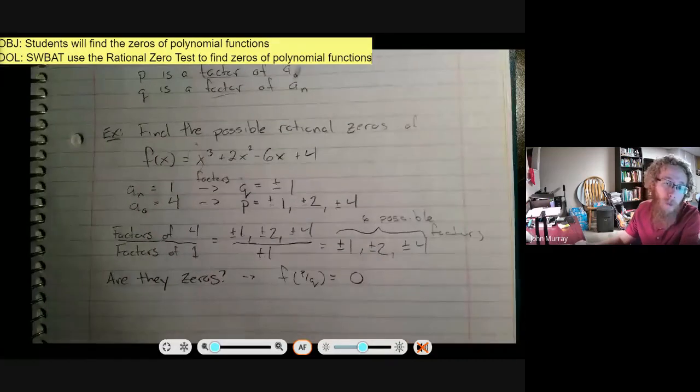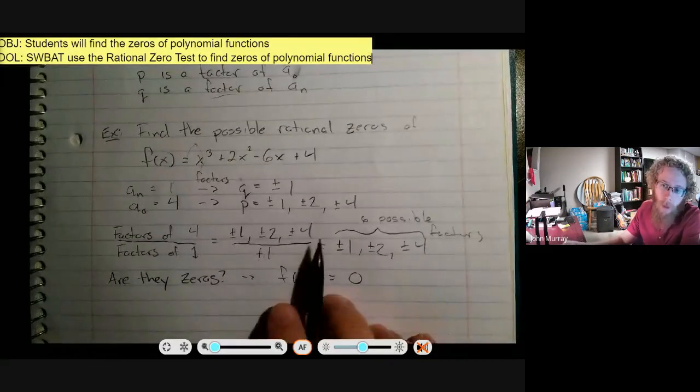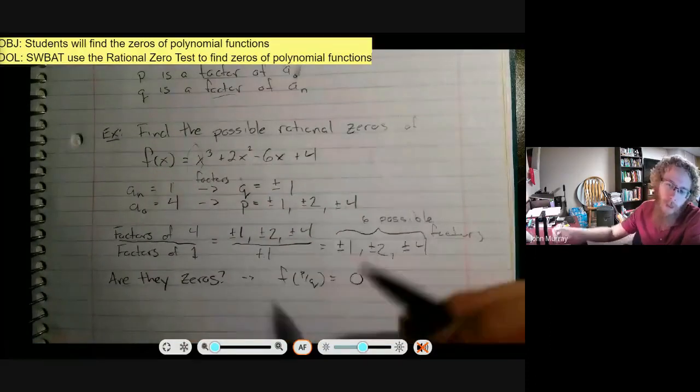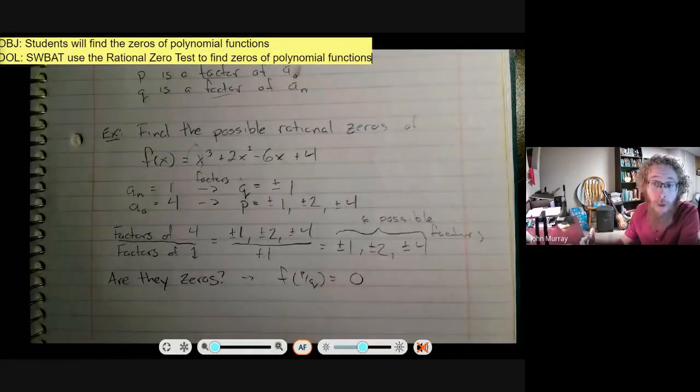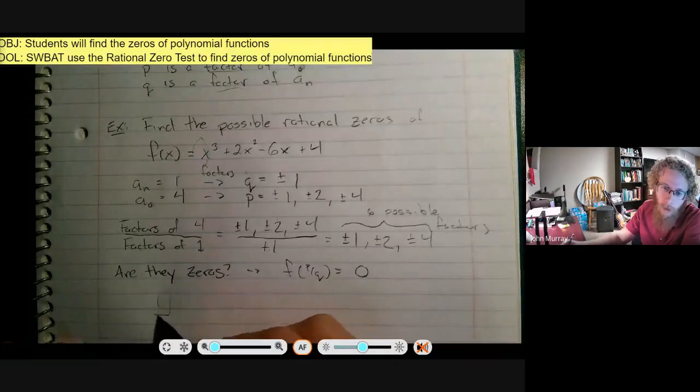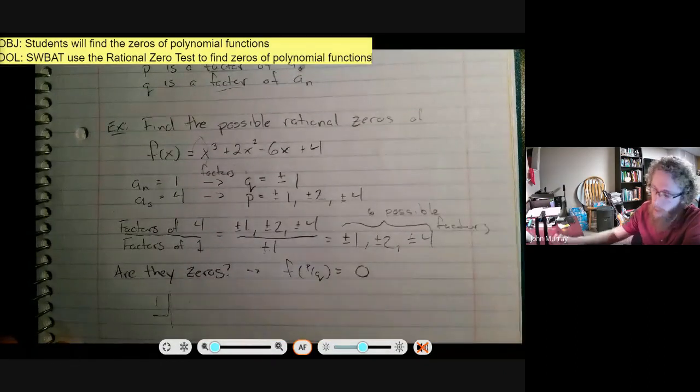So now we have 2 methods. You can plug these in just as you see them, and if you get a 0, then it's good. Or you can use synthetic division and the remainder theorem to figure it out. So you'd plug in 1, and you would plug in the coefficients.